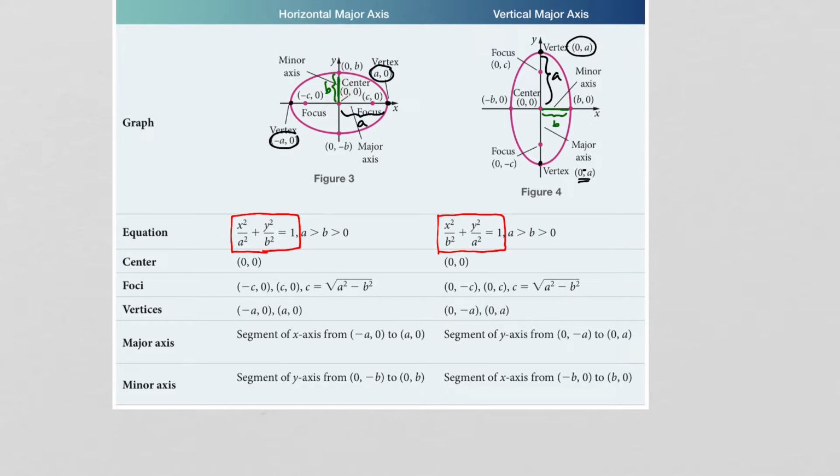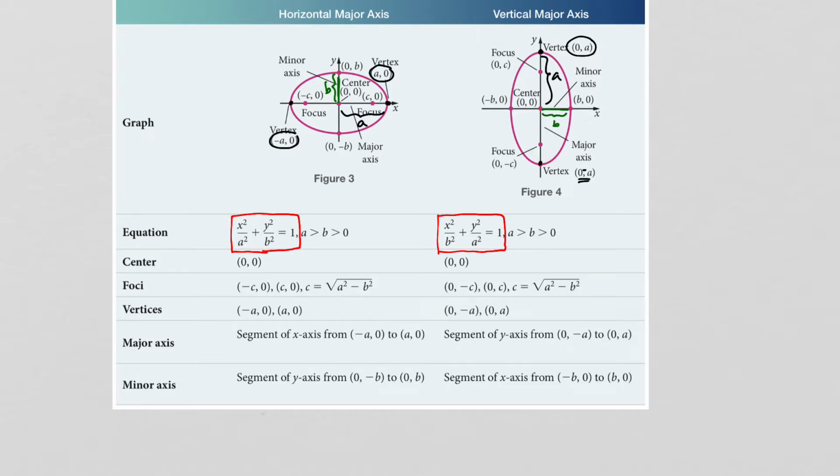Since the major axis is longer than the minor axis, a is always bigger than b in both cases. So if the bigger number is below the x squared, then it's a horizontal ellipse. And if the bigger number is below the y squared, then it is a vertical ellipse.